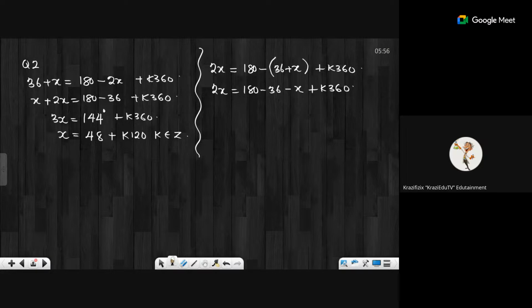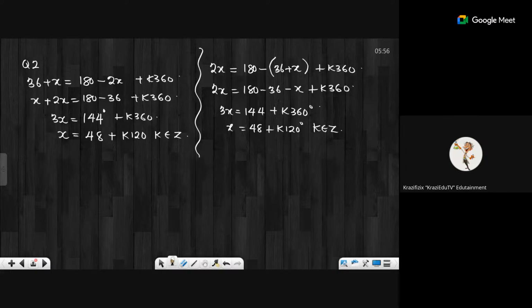Let's have, I'm going to move that there. 3x equals 144. So I am coming back to exactly the same answer: 48 plus k times 120 degrees, where k is an element of integers.